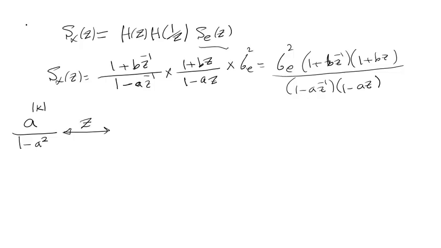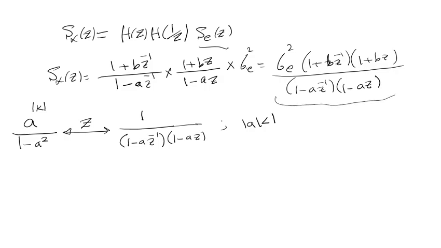The transform of this function is 1 over (1 minus a z inverse)(1 minus a z) when absolute value of a is lower than 1.